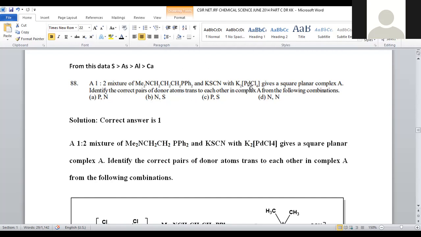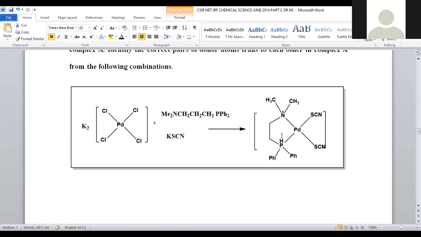When we link all these with this palladium square planar complex, let us see how it could be. We are taking potassium tetrachloropalladate(II), sorry, not palladate(4). Upon treating with two different ligands, one is a chelating ligand, and two moles of potassium thiocyanate are required to give two monodentate ligands. Here is the complex generated between palladium and the two different ligands.